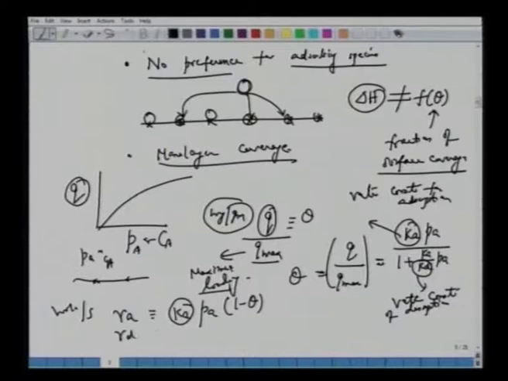Rate of desorption is also first order and depends upon theta. And here there is no preference for desorbing molecules. In other words, if you have situations like this, one site is vacant, the other site is vacant, and we have this species which is adsorbed, the probability of this species getting adsorbed here is as good as the probability of desorption of this species here.